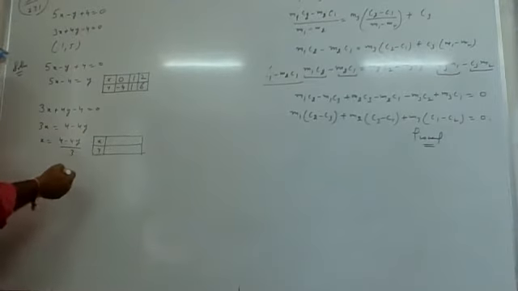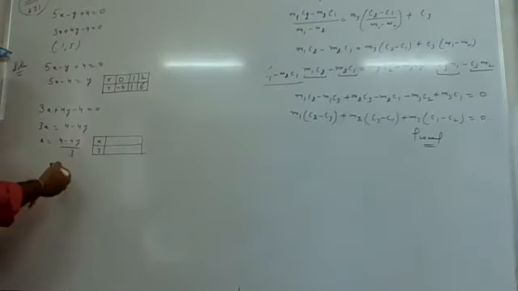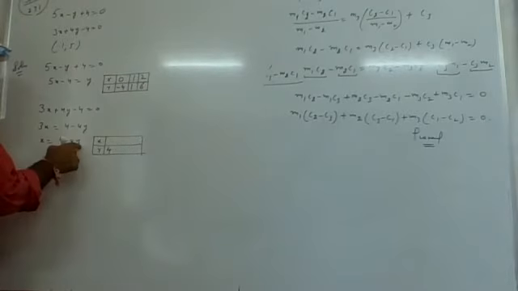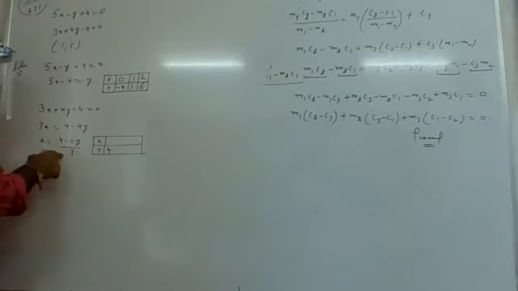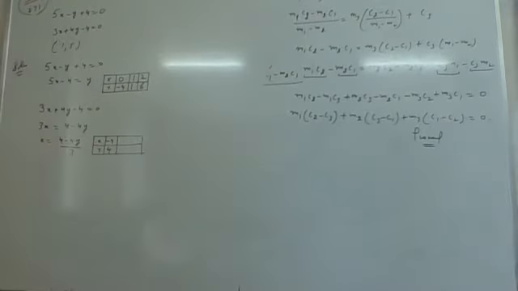So if I take y as 4, 4 times 4 is 16, 4 minus 16 is minus 12, minus 12 divided by 3 is minus 4. Okay?